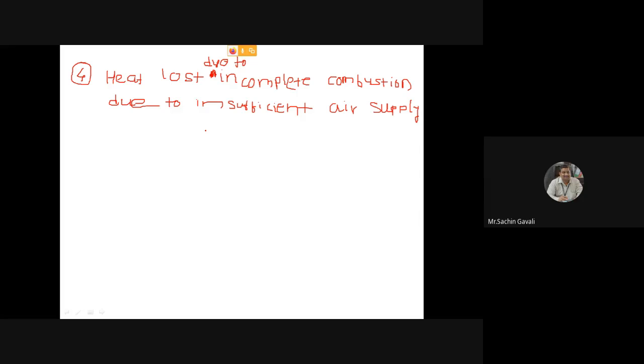So instead of carbon dioxide, some quantity of carbon monoxide is formed. Instead of formation of CO2, some moles will be converted into CO, that is carbon monoxide. Due to this, the combustion heat of carbon dioxide, the heat produced, is more, and for carbon monoxide the combustion heat is low. If complete combustion is there, the heat generated during combustion is always more.